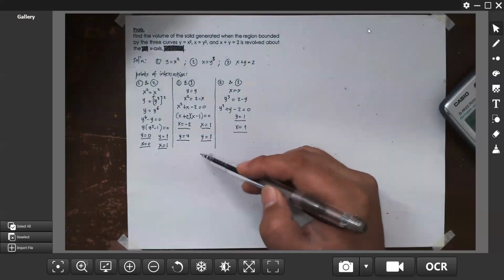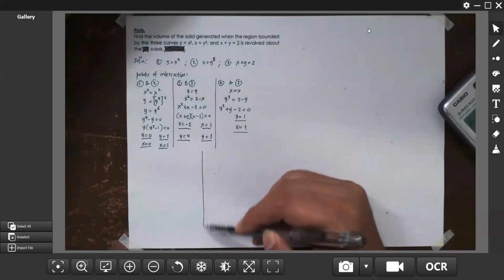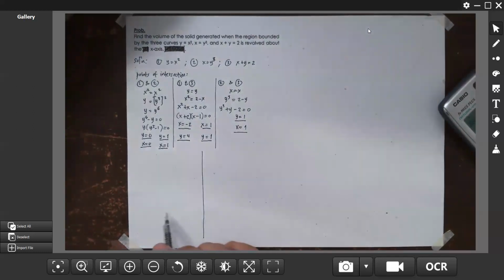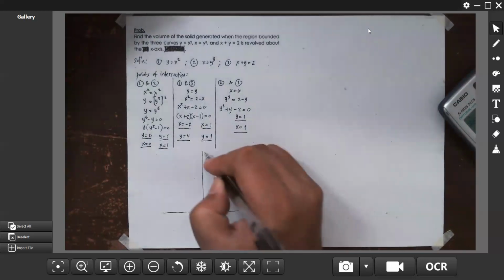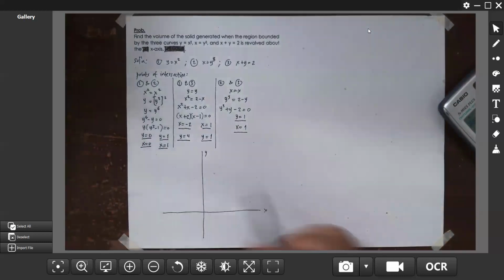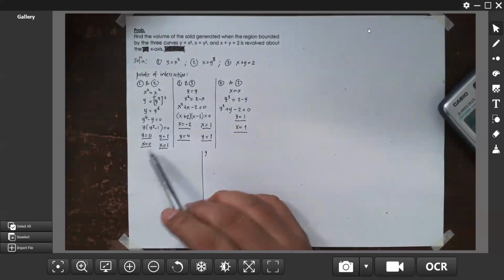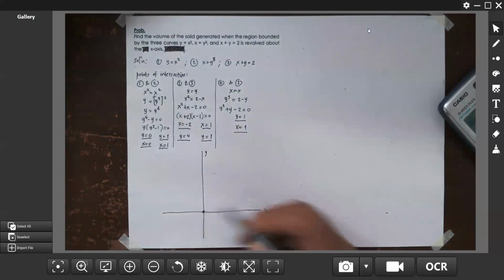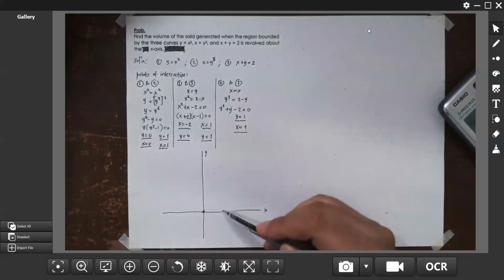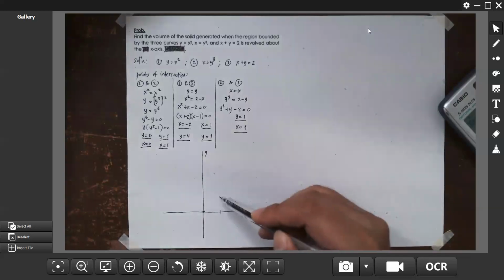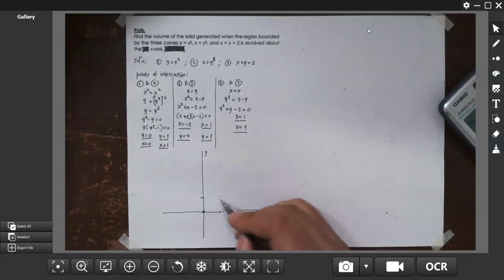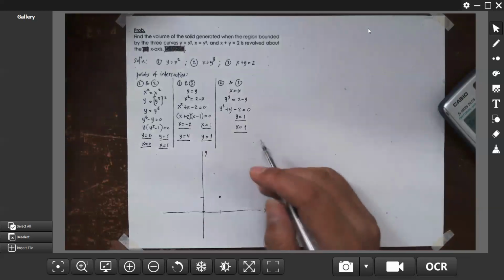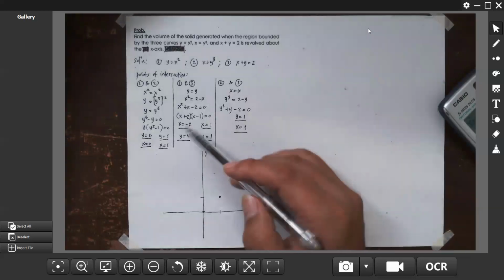So if you plot the graph, here are x and y. Curve 1 and 2 will intersect at the origin and at point 1, 1. The other point of intersection, for 1 and 3, is negative 2, 4.